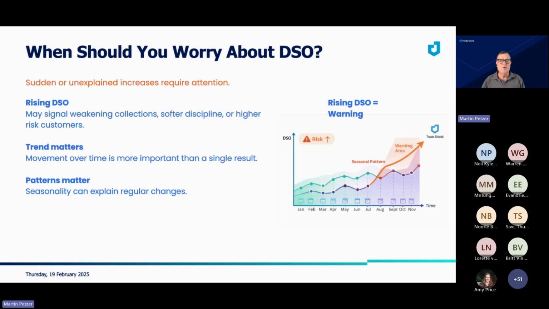Movement over time is more important than a single result. There's a lot of other things that could also influence DSO. Let me give you an example. This is an exaggerated example. Let's say you supply a lot of small engineering companies with product in the Rustenburg area.